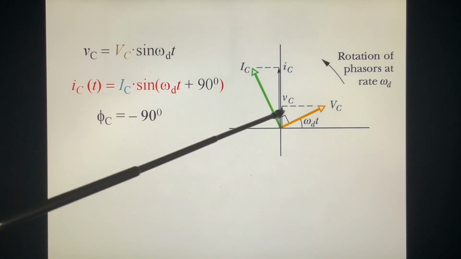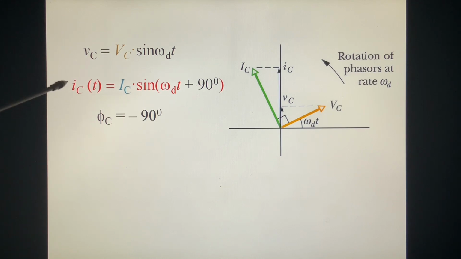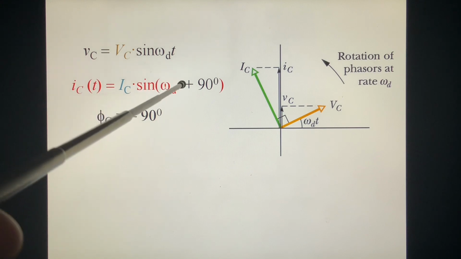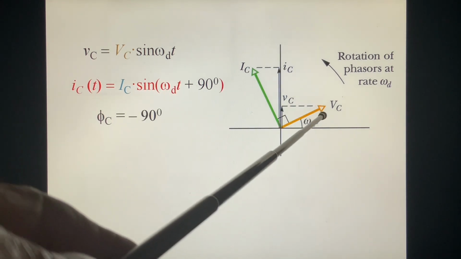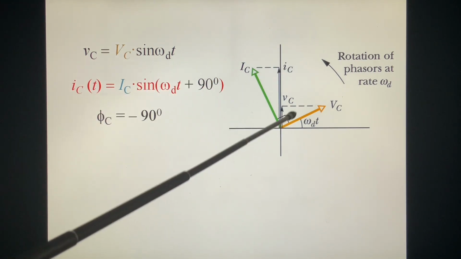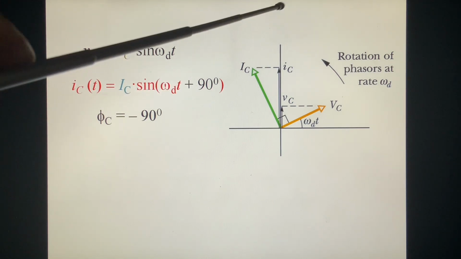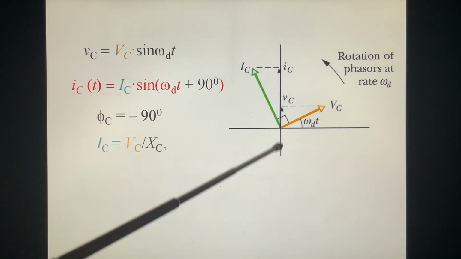This is the VC. And current is ahead. When you stand here, you will see the I first when you rotate, then after 90 degrees, you see the V. So this is in advance, 90 degrees is IC. Their projection is the current component, and they rotate together with frequency omega.